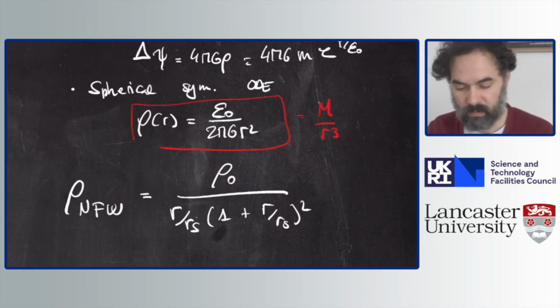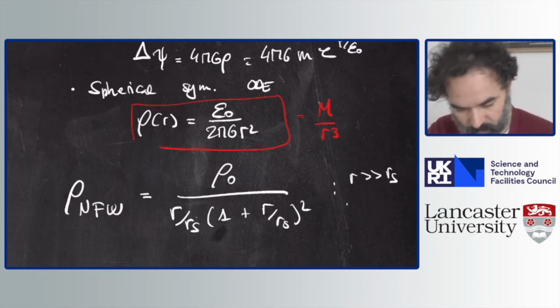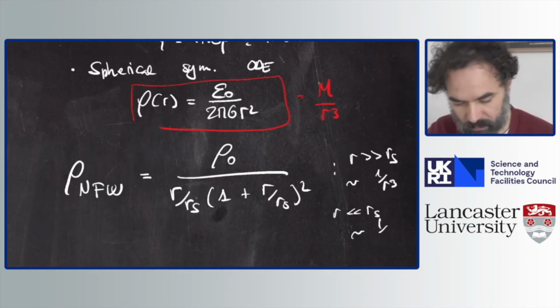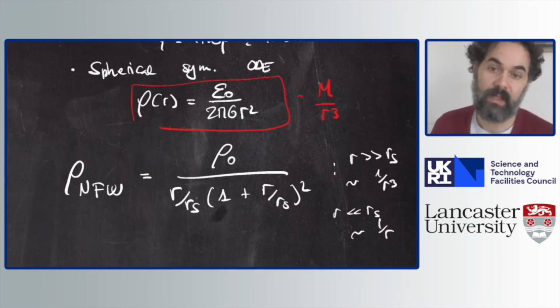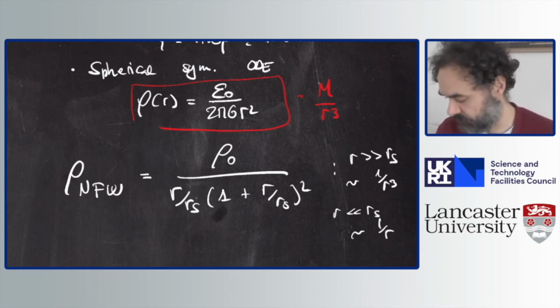So you see that when r is much bigger than rs, this grows as 1 over r cubed, and when r is much smaller than rs, this grows as 1 over r. So it's never really r squared, but in the middle of these two regimes there is something similar.